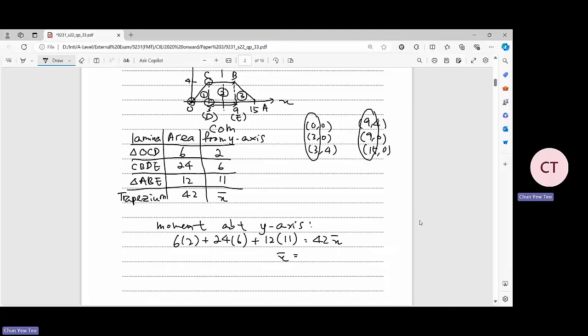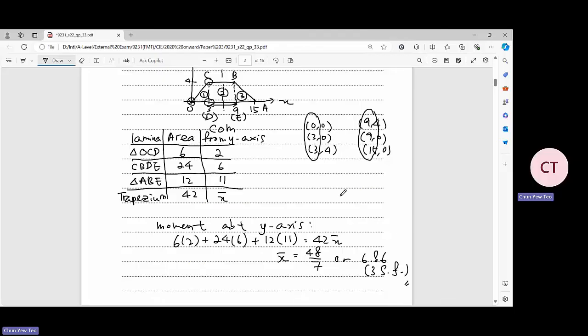You will get 48 over 7, or you can give the answer in decimal form, 6.86 to 3 significant figures. Done. That is the answer for question number 1.